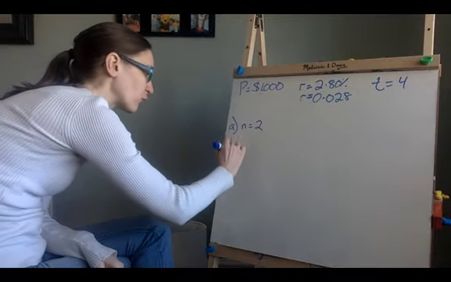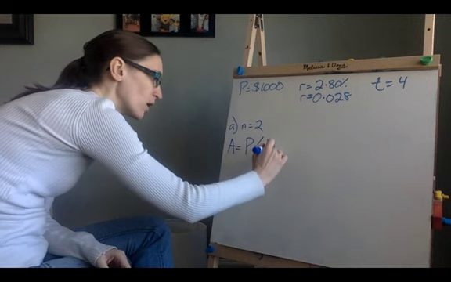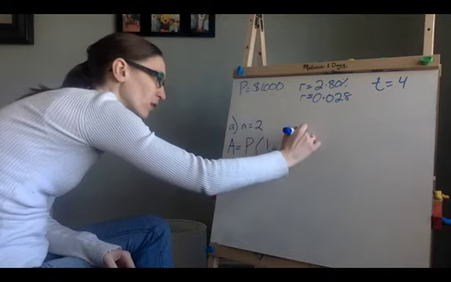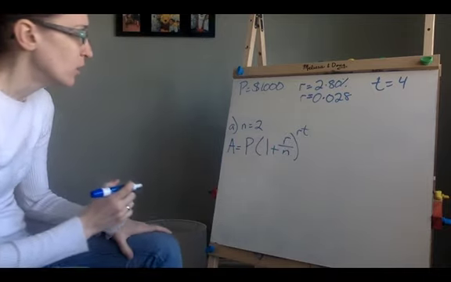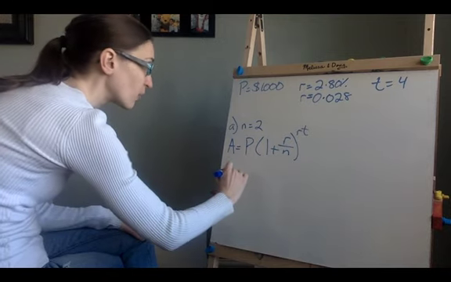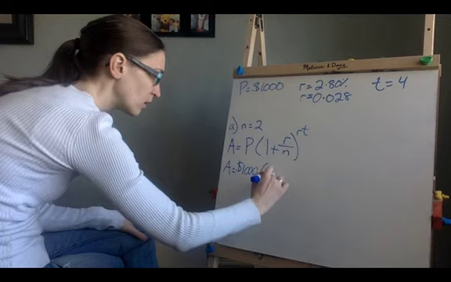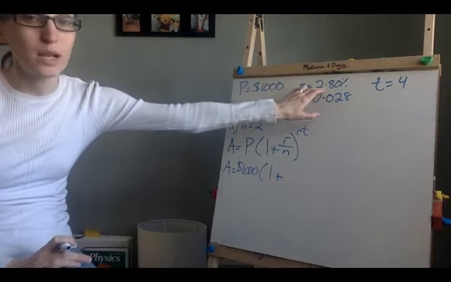So again, we set that formula up where the future value is equal to P times 1 plus r over n to the power of n times t. Our principal amount is 1,000, right? Interest rate was 2.8% per annum.